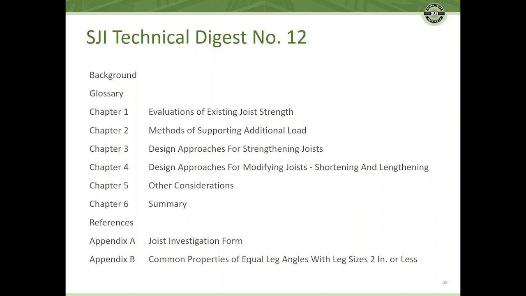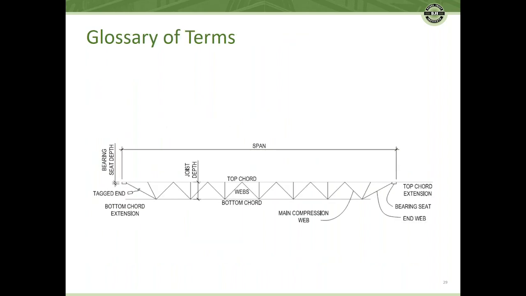One of the good things in there is a glossary of terms. With the joist folks, we kind of talk a special language, and this helps engineers talk the same language. So the top chord and the bottom chord and the webs are noted there.